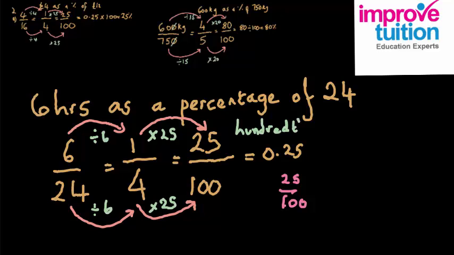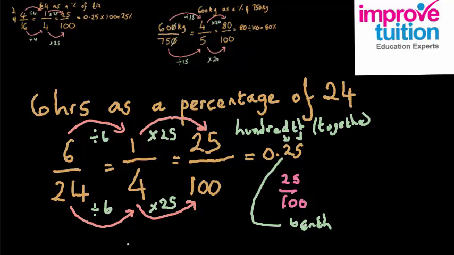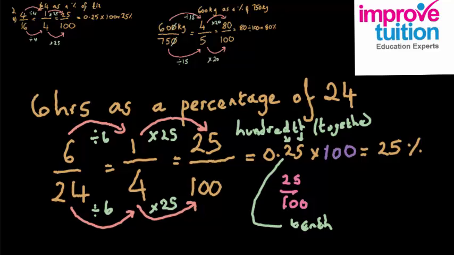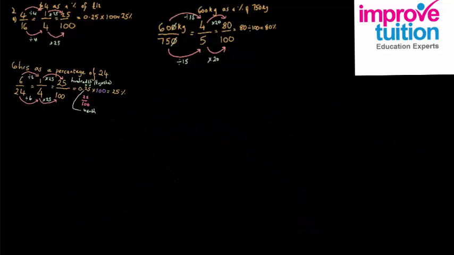So we know that 0.25 really means 25 over 100, because if we think about place values, the 2 is a tenth and the 5 is a hundredth, but together we write it as 25 over 100, and we times it by 100 to make it into a percentage. So we're moving from a fraction to a decimal to a percentage, and that's 25%.